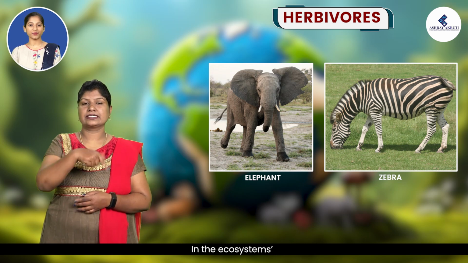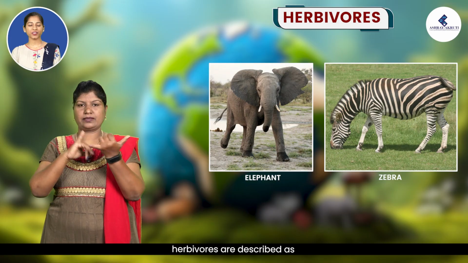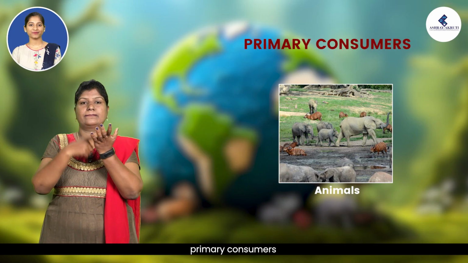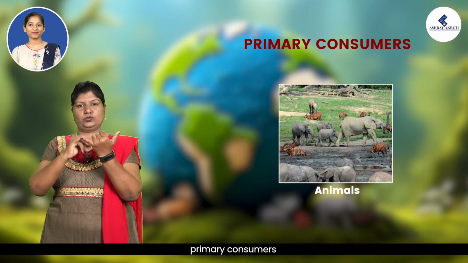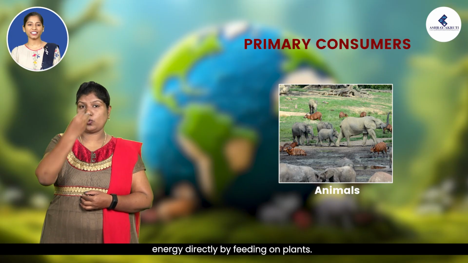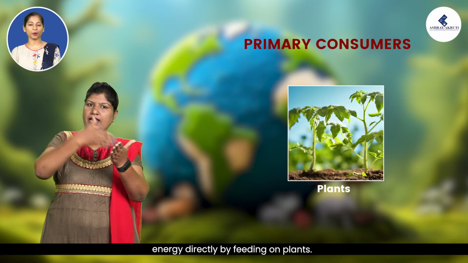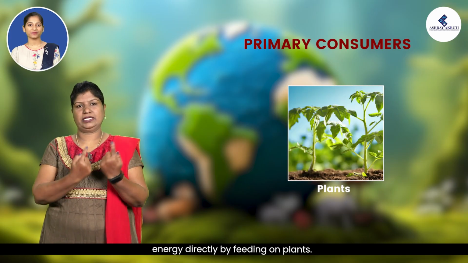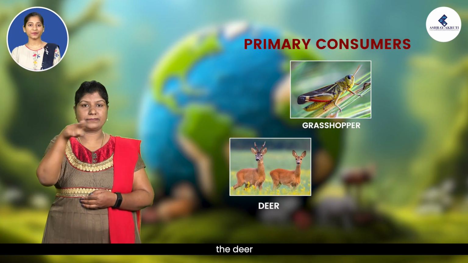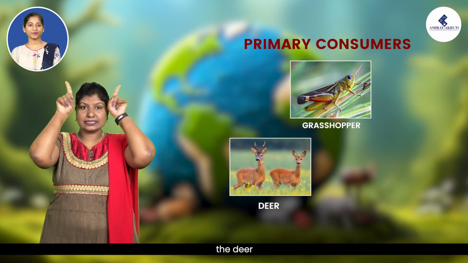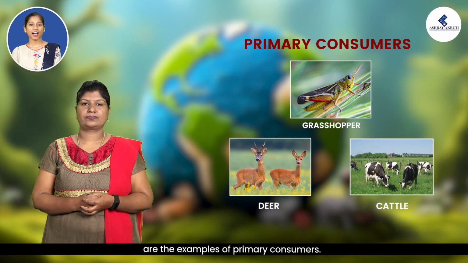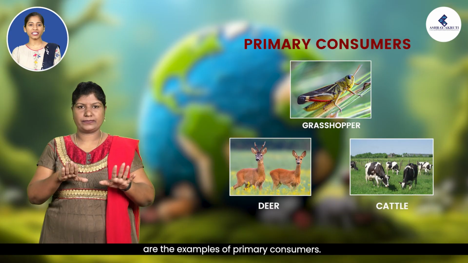In the ecosystems, herbivores are described as primary consumers, since they obtain their food energy directly by feeding on plants. The grasshoppers, the deer, the cattle are the examples of primary consumers.